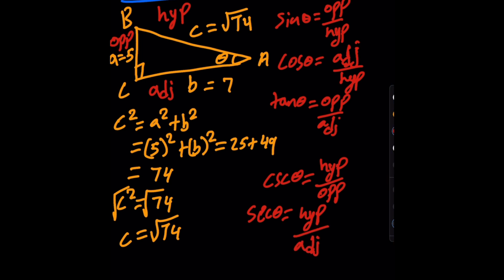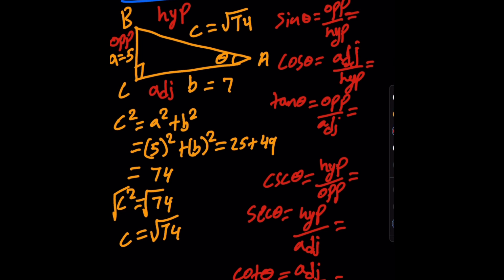Lastly, it's going to be cotangent theta, and that's going to be adjacent over opposite, okay? Now we have everything that we need. Now we just need to plug the numerical values into these functions, right?